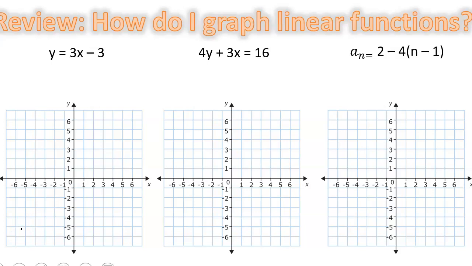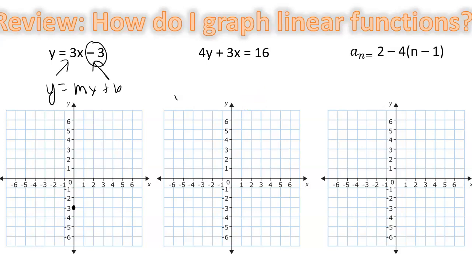And when we did that, we talked about how we need a slope, which is connected to your x, that's your m, and then your y-intercept. Because remember, these equations are in y equals mx plus b, slope-intercept form. So remember, we always start with that y-intercept. So I plot a point at -3. Then I look at my slope, +3. Slope is rise over run.